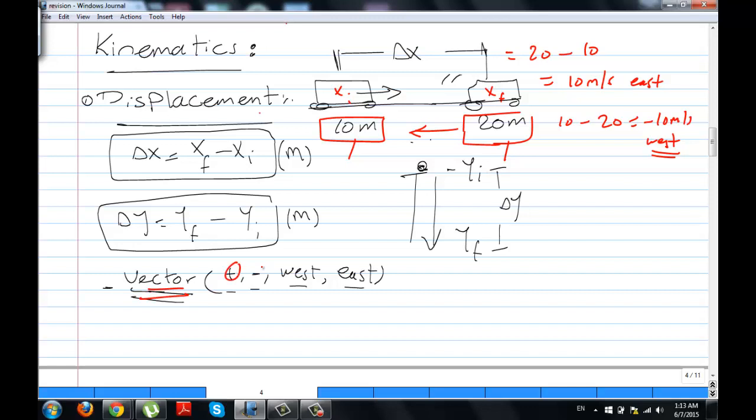It could be positive, it could be negative, it could be to the west, to the east, north, south, right, left. So displacement, which is the change in position, is a vector quantity.